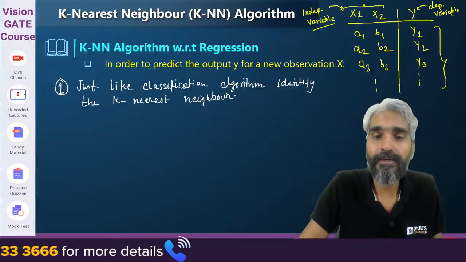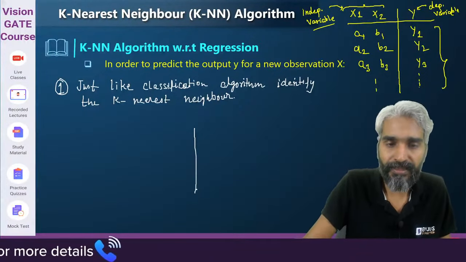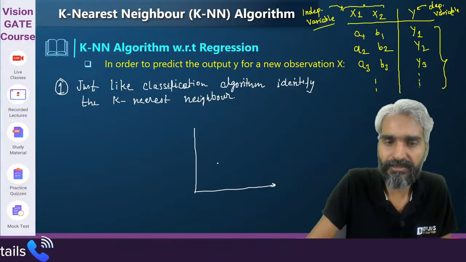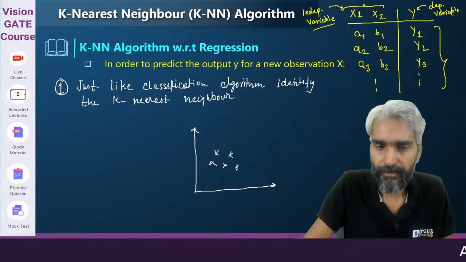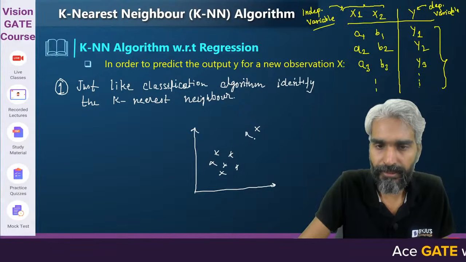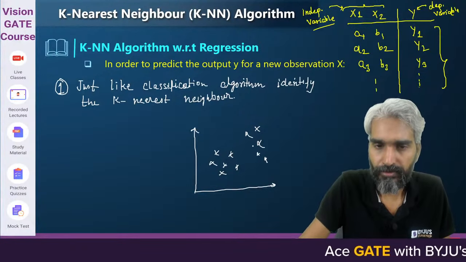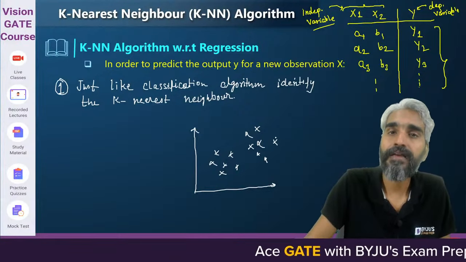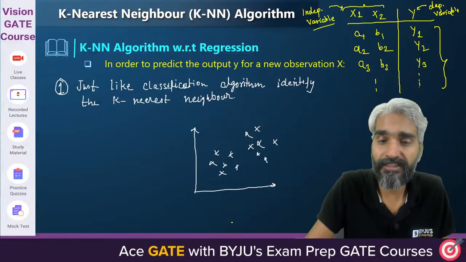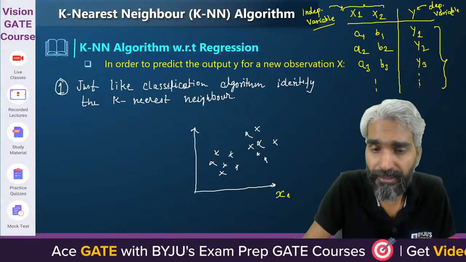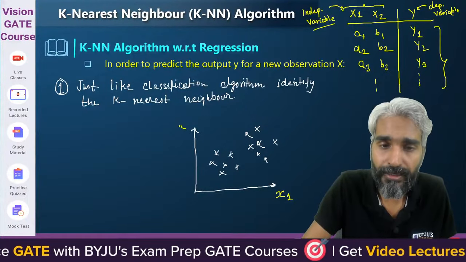Please try to understand how regression will work. Here we are not classifying. This is the value x1, this is the value x2.